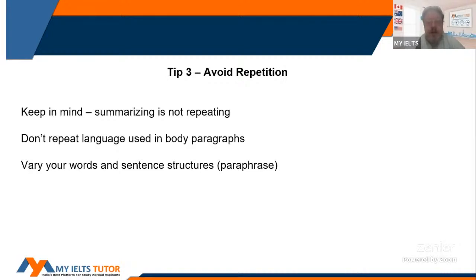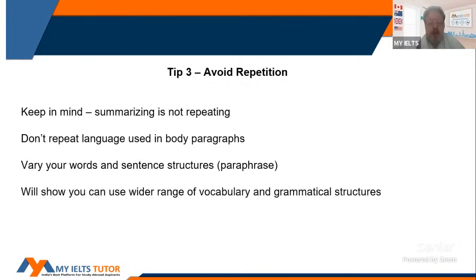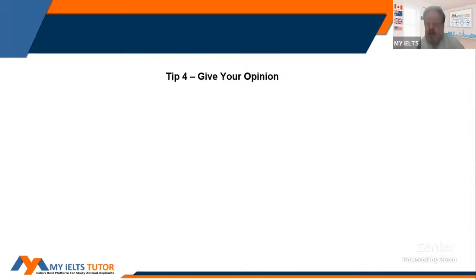Okay. Very important that you paraphrase. By paraphrasing, you're going to show that you can use a wider range of vocabulary and grammatical structures. And that's important because it can help improve your lexical resources and grammatical range band score. So that's what you want to do.